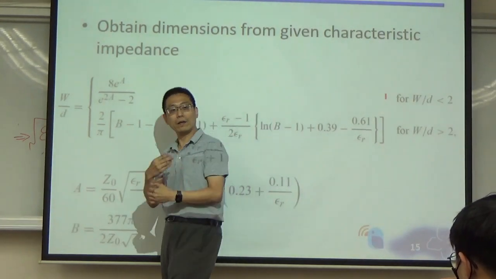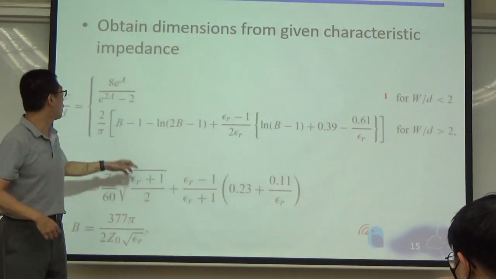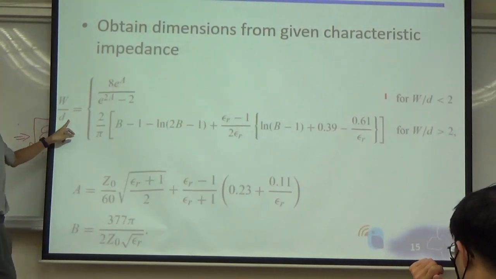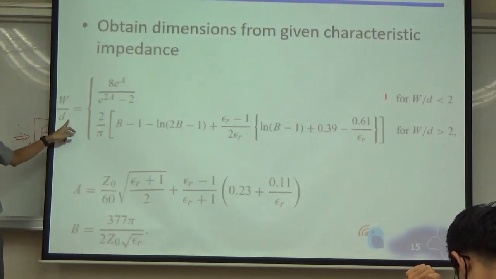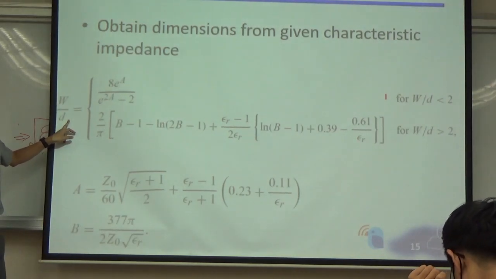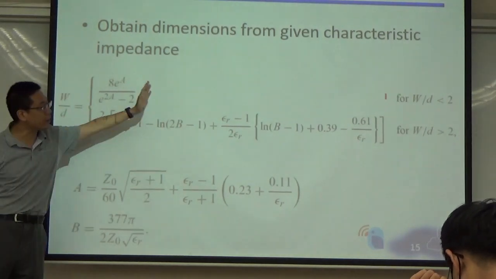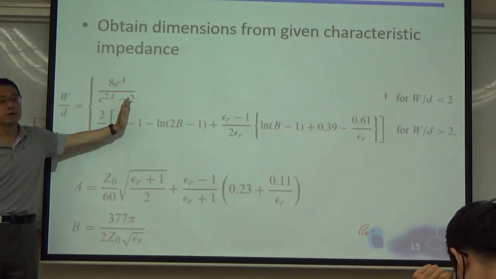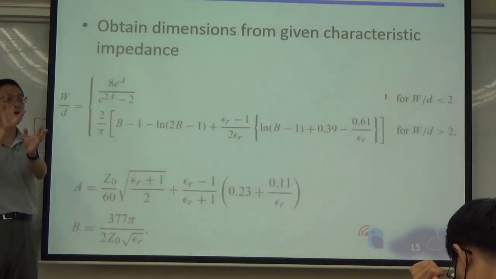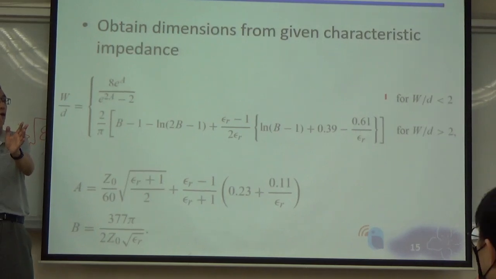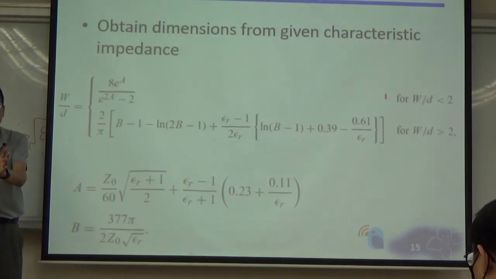What is the ratio of W over D for 75 ohm? Then you get a numerical solution, the reverse equation of the characteristic impedance versus the geometry.